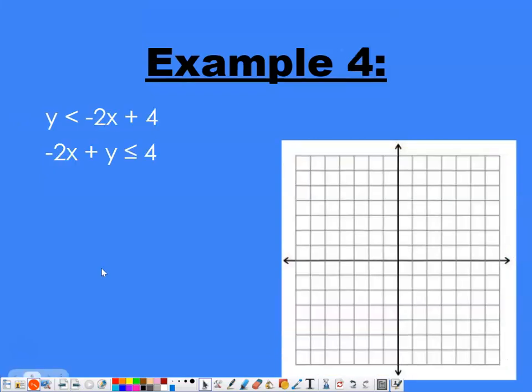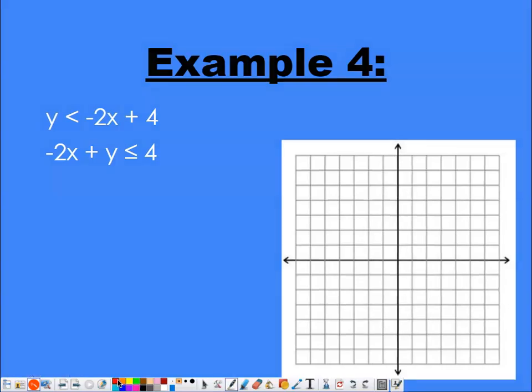Okay, here's another one. y is less than -2x plus 4. And then we have that other inequality as well. Let's use red. So the slope is -2. The y-intercept is 4. So we go up to positive 4, and then we go down 2 over 1, down 2 over 1, all the way.